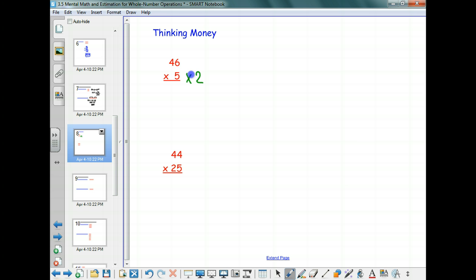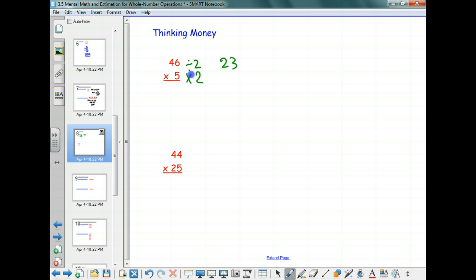So if I double, and this sort of idea of doubling and then halving, we could do this with anything. It just happens to work really nicely when we're thinking about money, because we think about it that way. I would much rather have, how many dimes would this be? It'd be 23. I mean, I still don't want 23 dimes, don't get me wrong, but I'd much rather have 23 dimes than 46 nickels in my pocket.